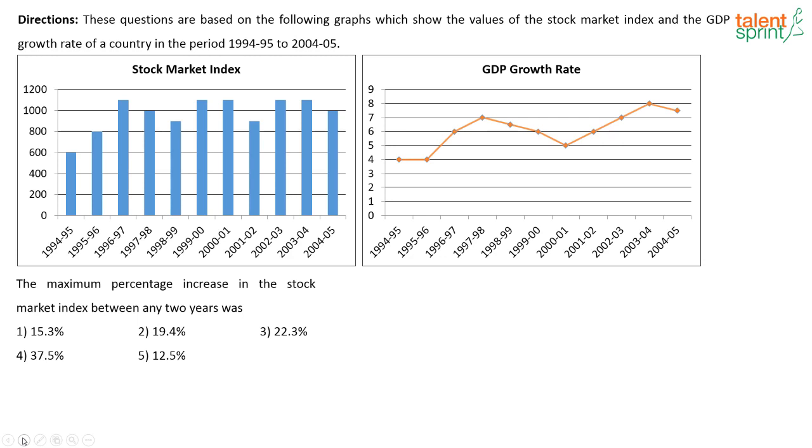The next question is based on this bar graph that is given and the GDP growth rate line graph that is given. The question says these questions are based on the following graphs which show the value of the stock market index and the GDP growth rate of a country in the period 1994-95 to 2004-2005.